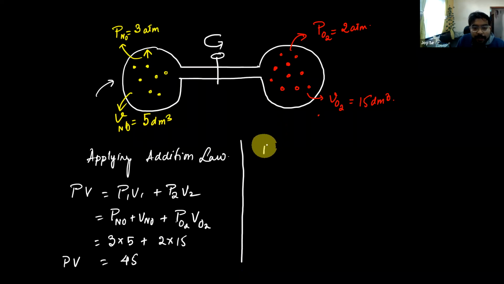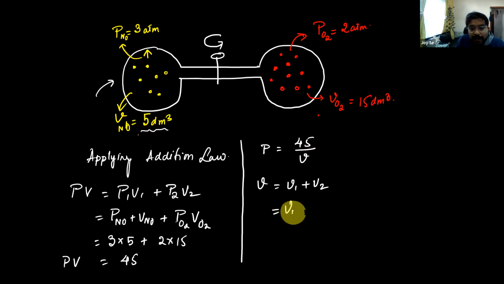अब हम लोग लिखेंगे P is equal to 45 by V. What is the value of V? V क्या होता है? V1 plus V2. तो इन दोनों चेम्बर्स का वॉल्यूम कितना था? V1 is VNO, V2 is VO2. The volume of the chamber was 5 plus 15, ये हो गया तुम्हारा 20 decimeter cube, ठीक है?